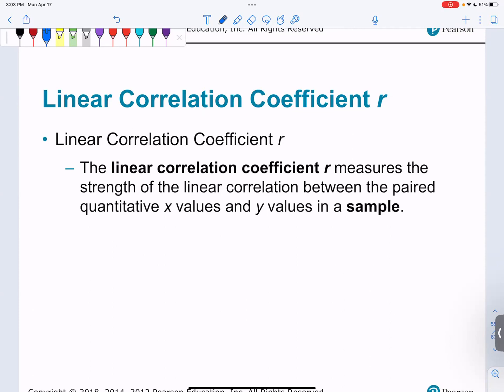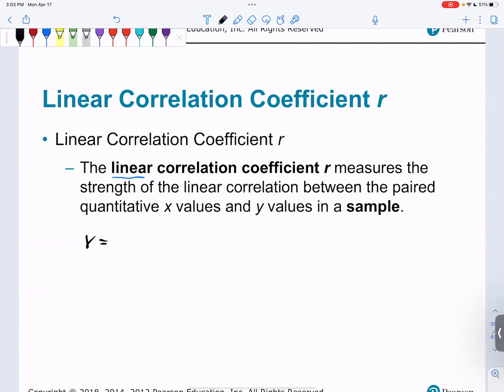We call it the correlation coefficient or sample correlation coefficient. Okay, so for sure it will be linear.